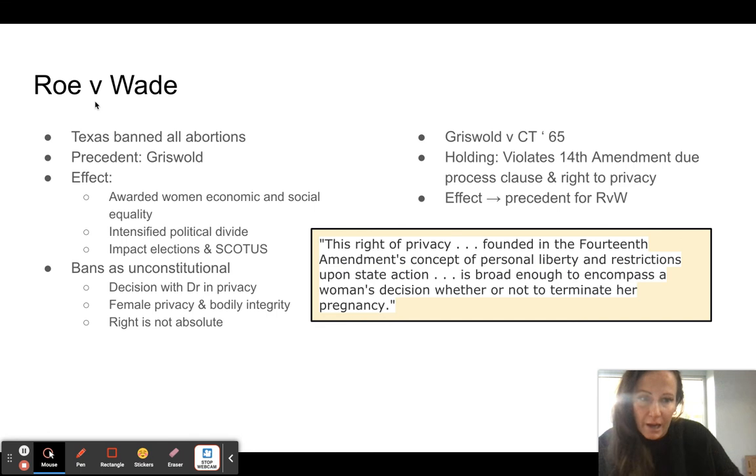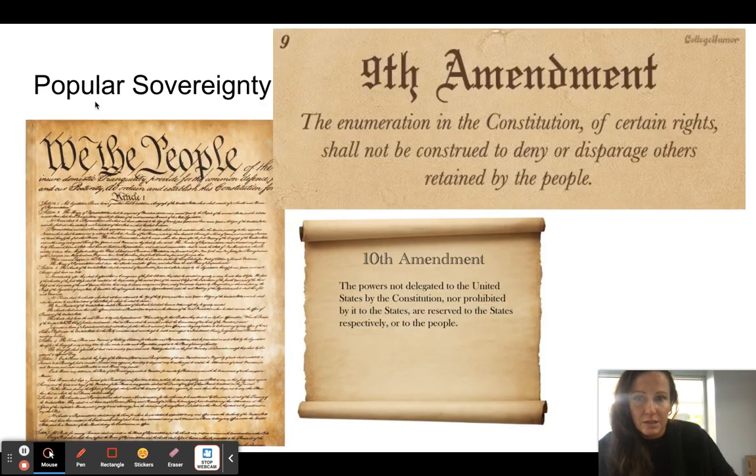And you want to look at how these cases look at popular sovereignty, right? How they bring the idea of people's rights and opinions and all sorts of things that we'll discuss out of the Constitution. So according to the AP folks, they say this includes the opening phrase, we the people.